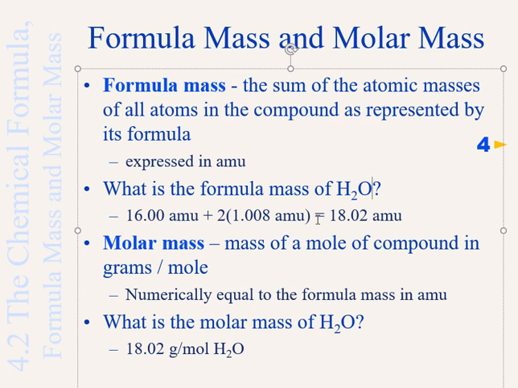When you add that all up, 1 molecule of water has a mass of 18.02 amu. Okay, listen to what I just said. 1 molecule of water has a mass of 18.02 amu. What about the mass of 1 mole of water? What do you think the answer will be?